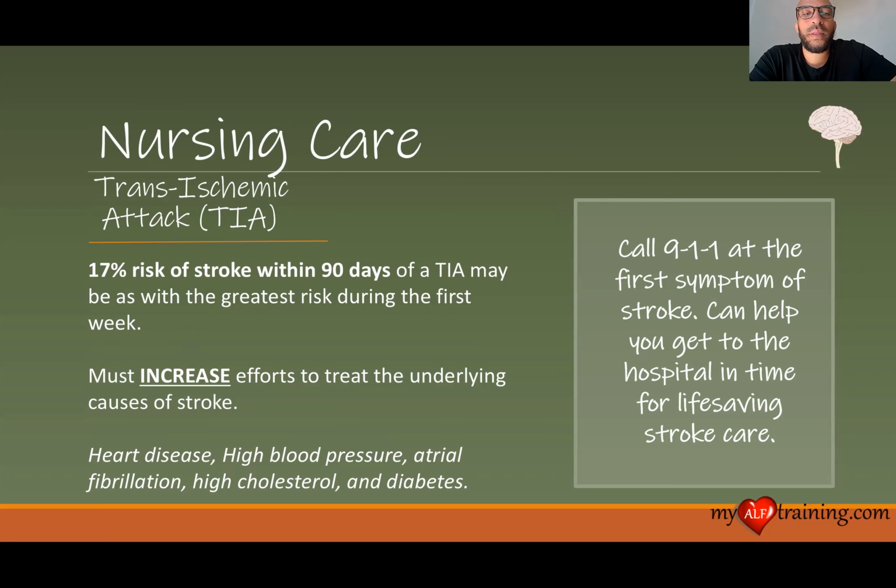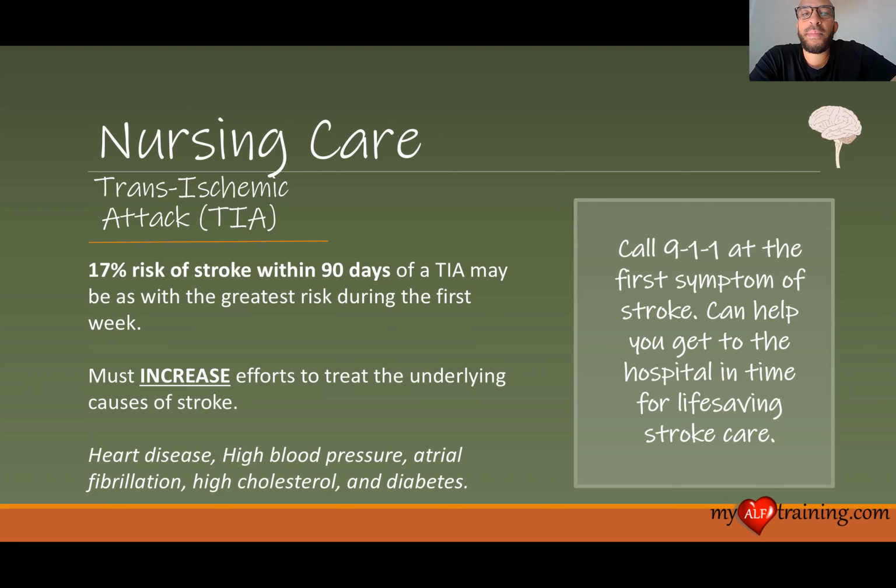And within the first week, the patients are at a very high risk to have a real stroke. So if your patient reports a TIA to you, or the doctor or nurse lets you know that this patient recently had a TIA, you want to first understand what a TIA is.